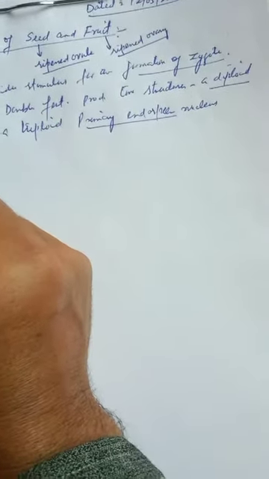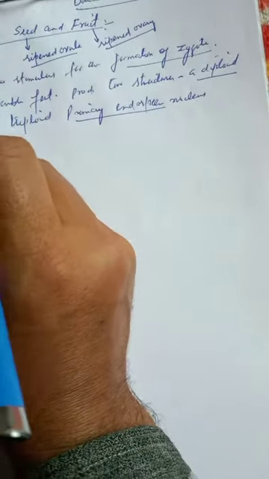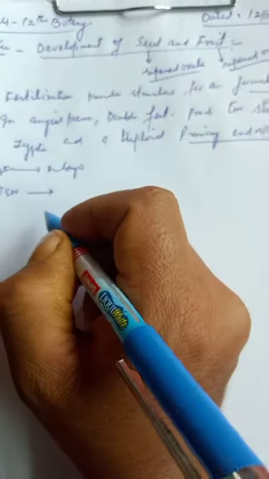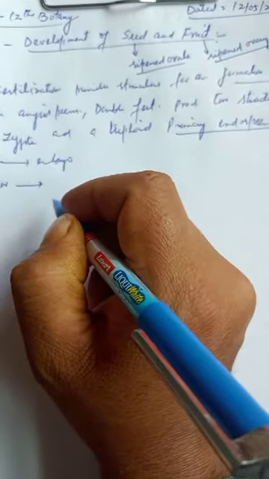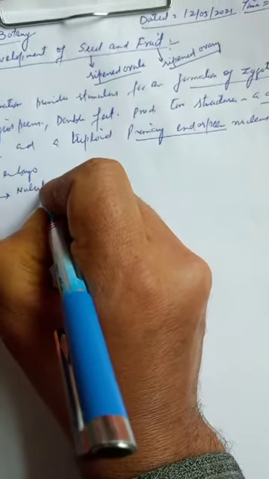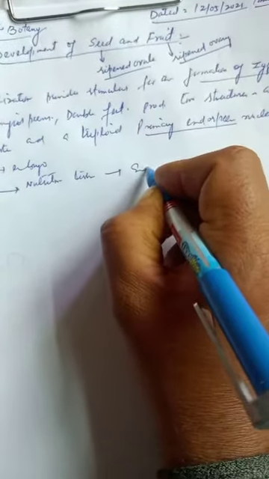The diploid zygote forms the embryo, while the primary endosperm nucleus produces a nutritive tissue called endosperm.